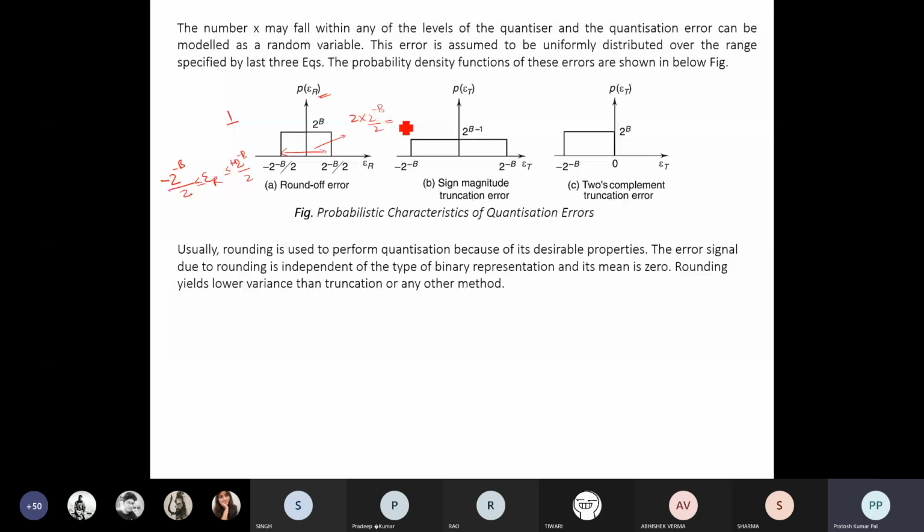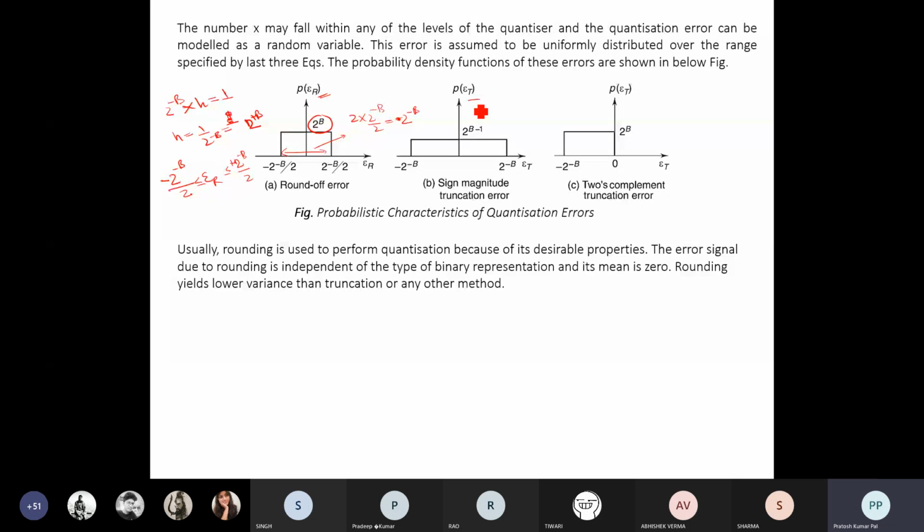So this is the width, and then there is the height. After multiplication, this should give an area of 1, because this is a probability function and the complete probability should be 1. So the height will be 1 divided by 2 to the power minus b, that is 2 to the power plus b. So this magnitude will be represented by 2 to the power b.